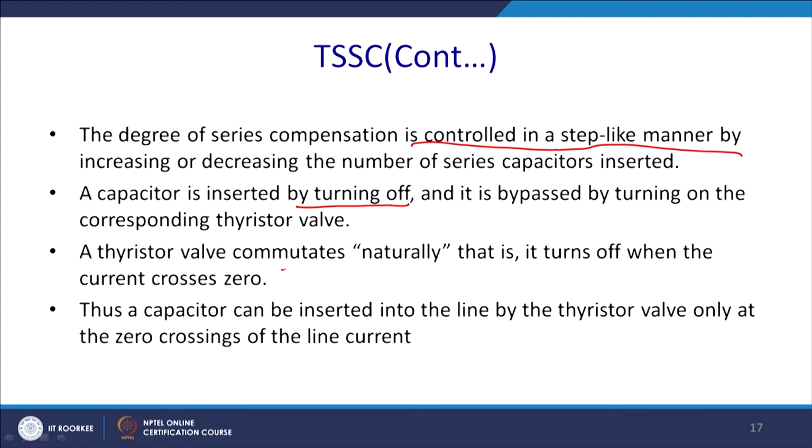The thyristor valve commutes naturally; it is a very simple circuit that turns off when the current becomes 0. Thus, a capacitor can be inserted into the line by the thyristor valve only at a zero crossing of the line current. This is the principle of operation.